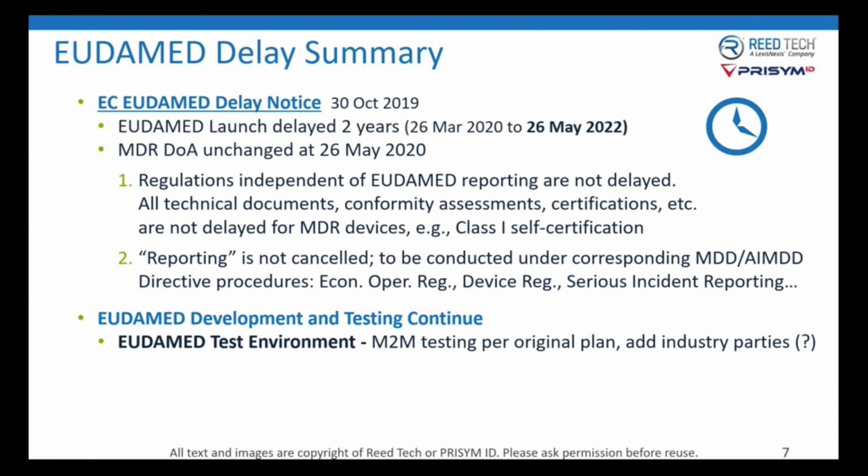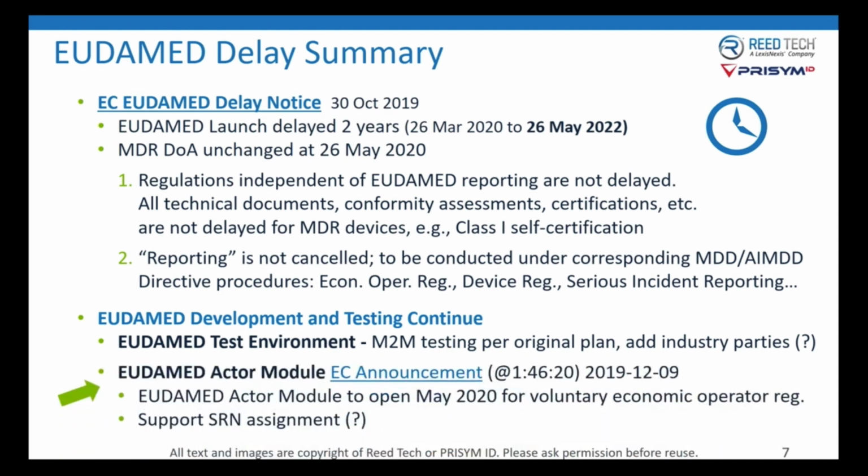The other noteworthy event was back in early December, when there was an announcement that the UDIMED Actor module would be open as of May 2020 for voluntary economic operator registration.